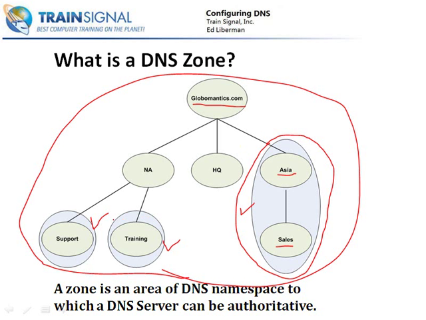So here we have a couple of other examples where we have the bottom of the tree, so to speak, support.na.globalmantics.com and training.na.globalmantics.com, which have each been separated out into a separate zone and then delegated to individual DNS servers to be authoritative over that area of namespace.